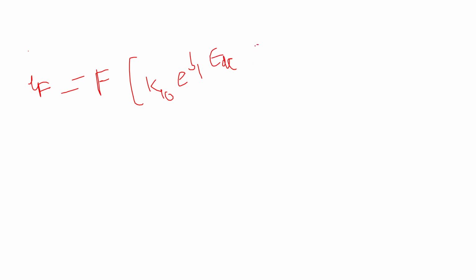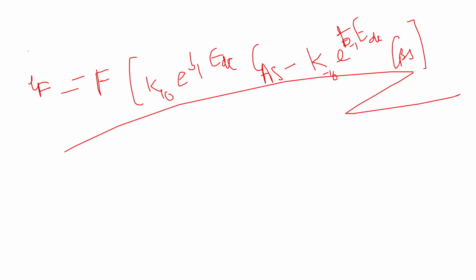C at x equal to 0 is nothing but CAS, right? The next one is K minus 1, 0, e raised to minus B minus 1, CBS. Okay?